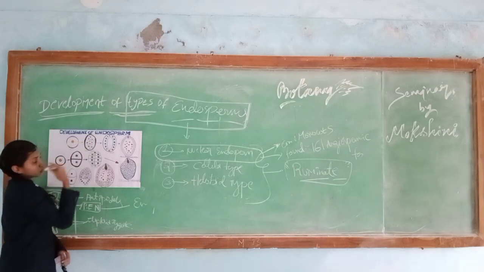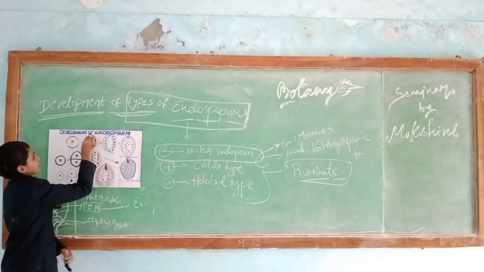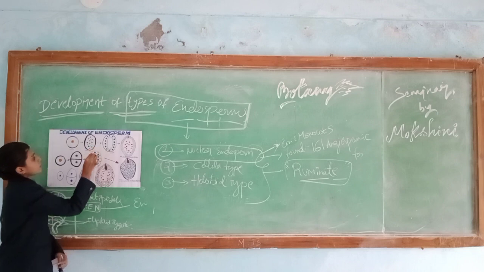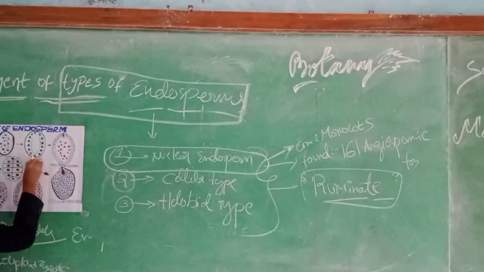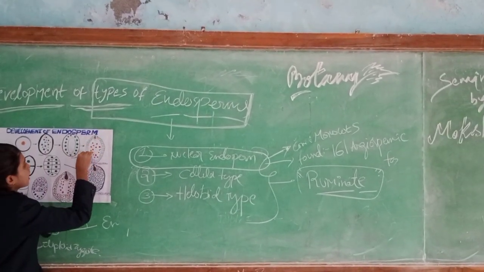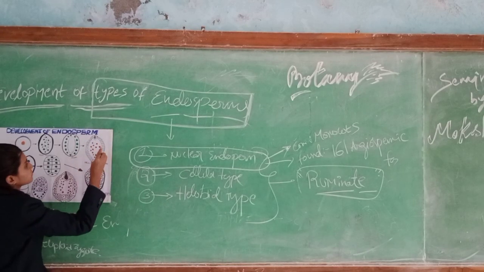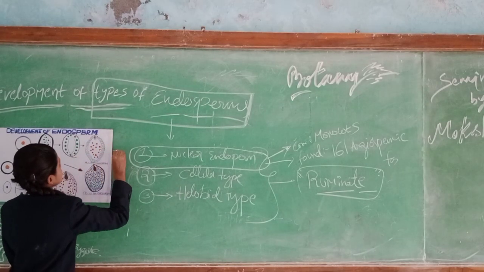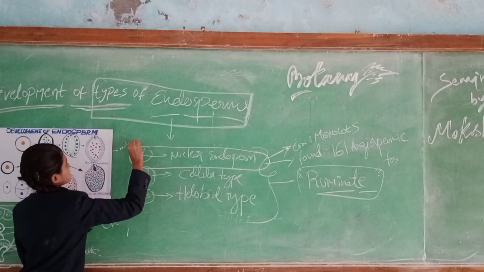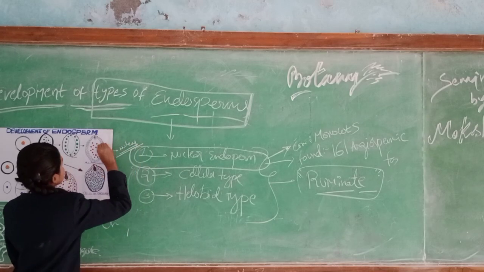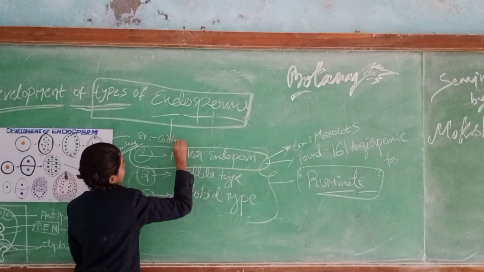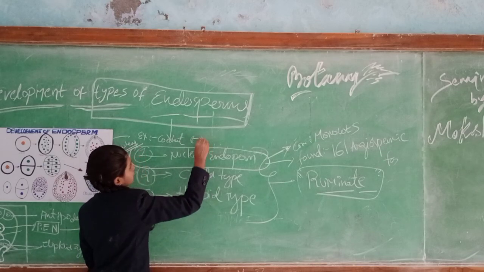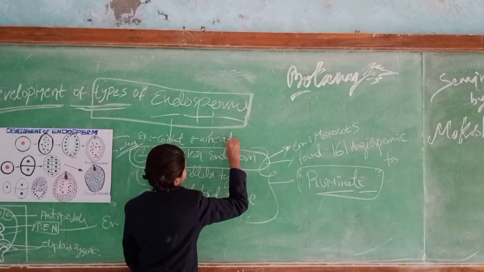It undergoes free nuclear divisions, forming many nuclei at the center. After that, a large vacuole is formed near the center. Later the nuclear endosperm is found. So this is the nucleus. The best examples for this type are coconut and wheat.